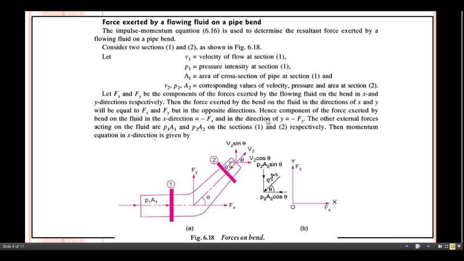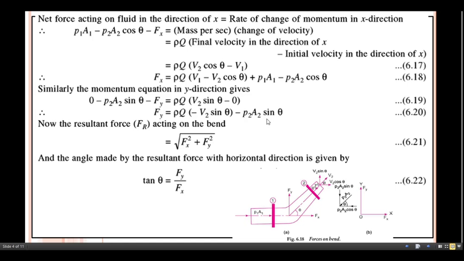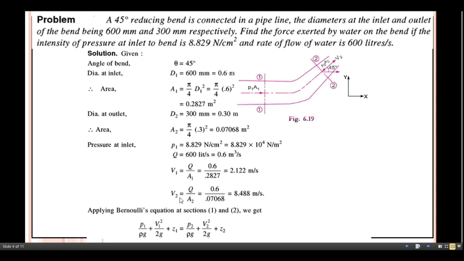Very simple thing here: just resolve the forces along the x direction and along the y direction, then get the summation of all the forces along the x direction, then along the y direction. The resultant of the same can be analyzed by using this relation, square root of Fx² + Fy². And the angle made by that resultant force with the horizontal direction can be analyzed by using this relation, tan θ = Fy / Fx.